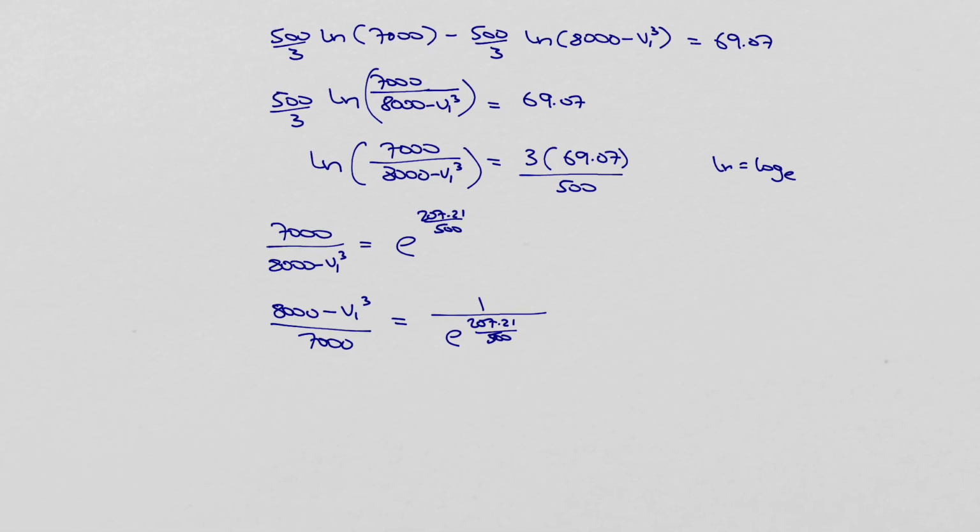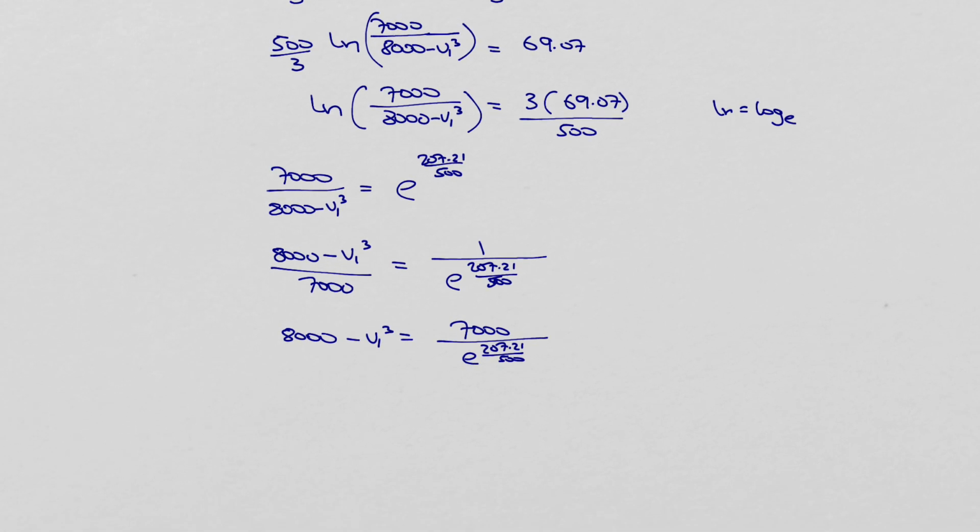Multiply across by 7,000. And then subtract.